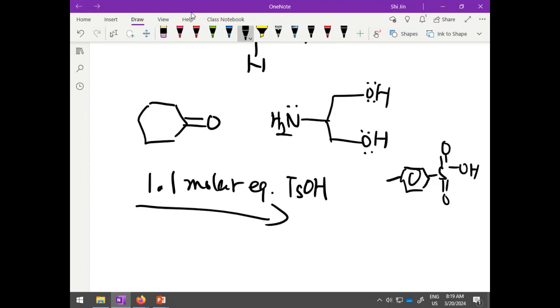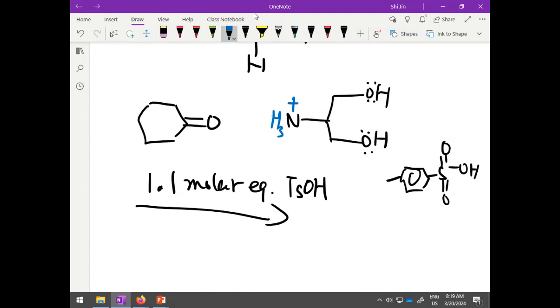So basically this reagent effectively becomes the protonated form.